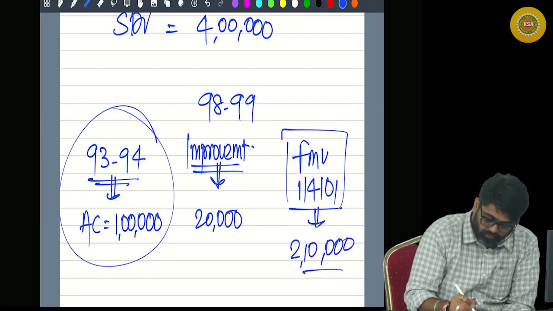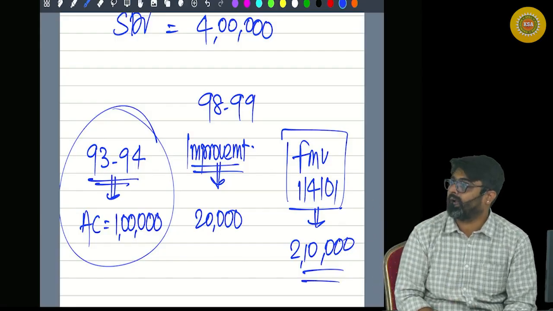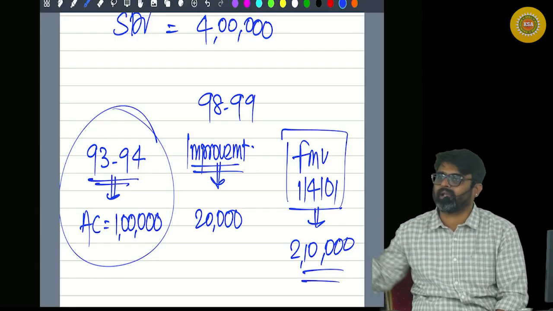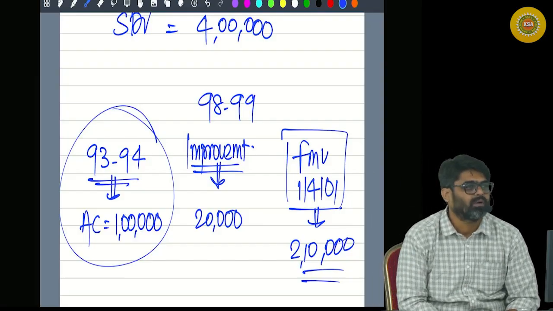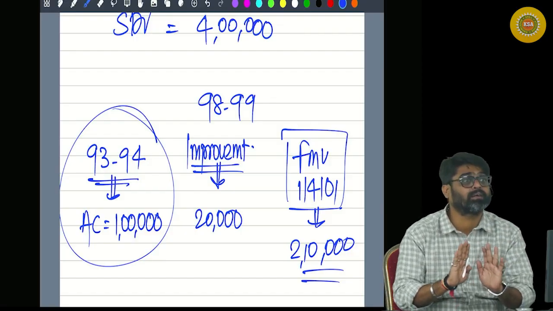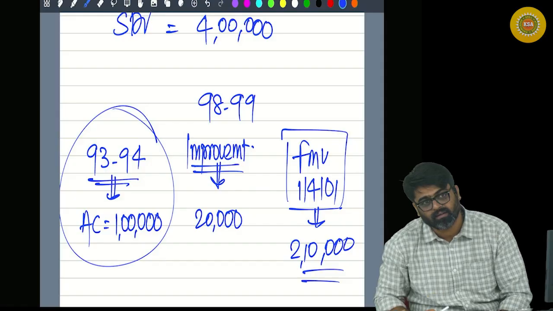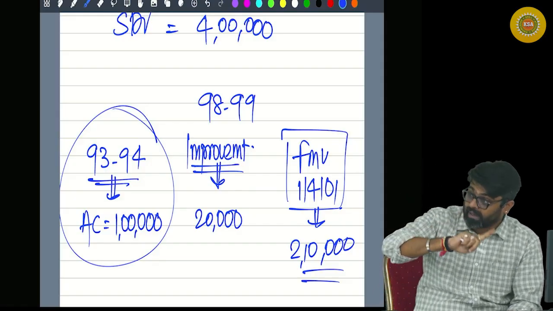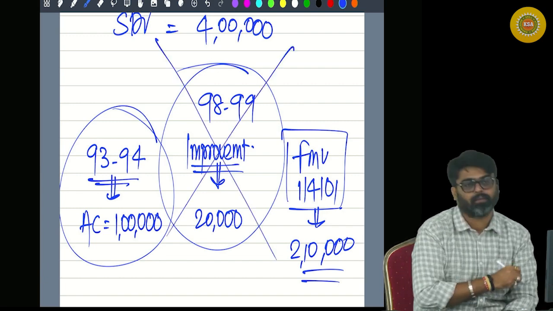Since you are given the option to take this fair market value as cost, don't you think this fair market value will already take care of that improvement cost? And if the improvement cost is already taken care of in the fair market value, should it be allowed separately? Hence, any cost of improvement incurred prior to 1st April 2001 needs to be ignored.